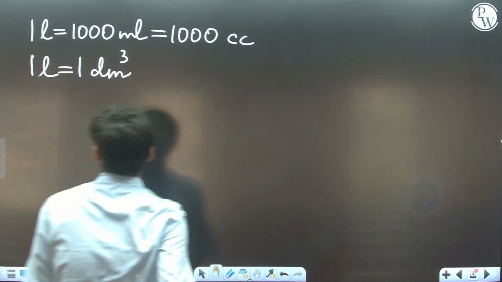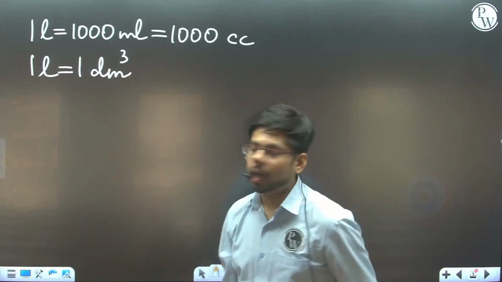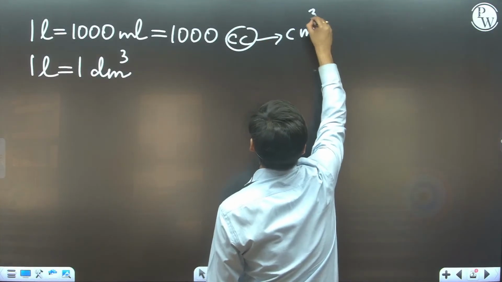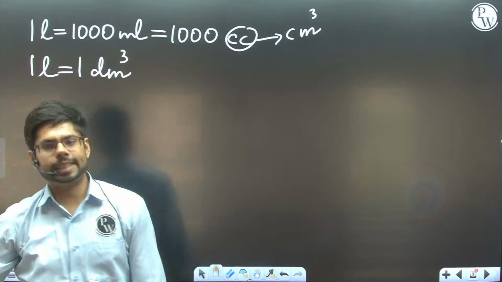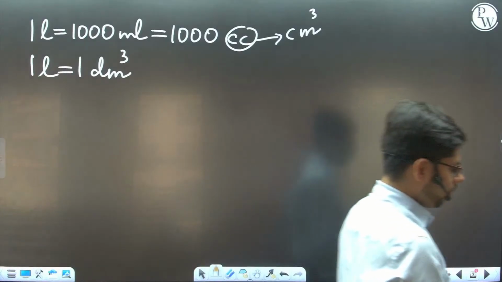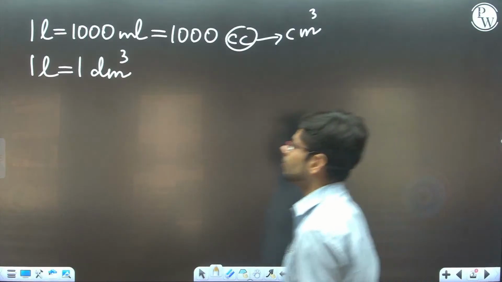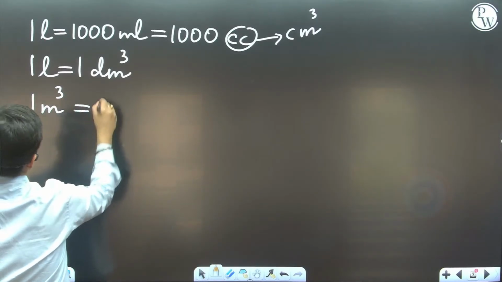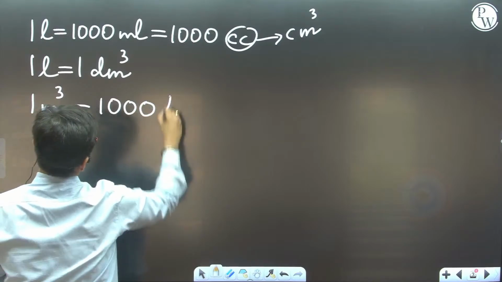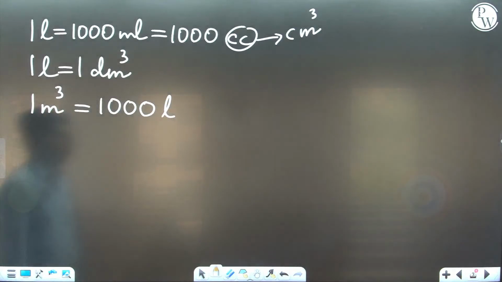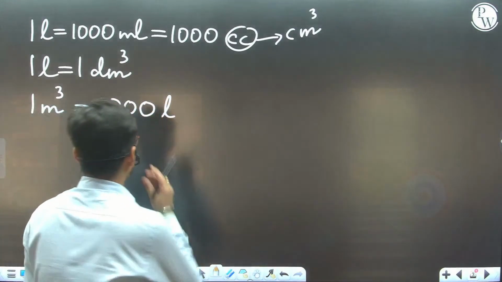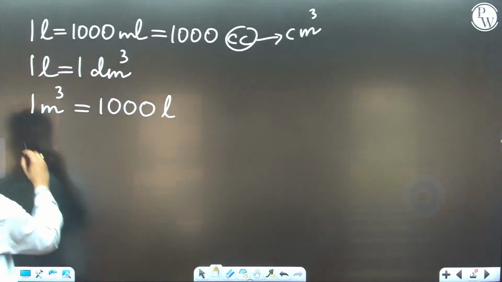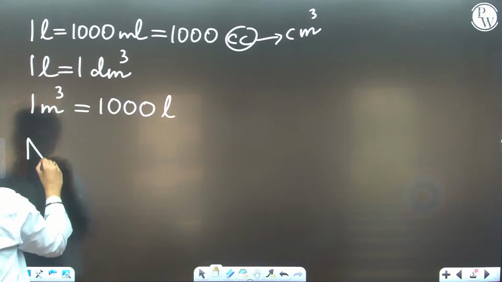Dm cube is decimeter cube, cc is centimeter cube, and sometimes this cc is written like this: cc, centimeter cube, right? Okay. Another important conversion is this. So you should know all of these. Fine.